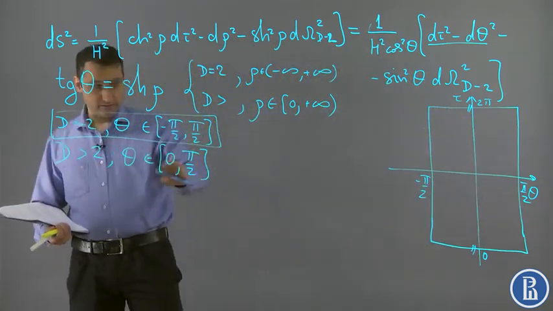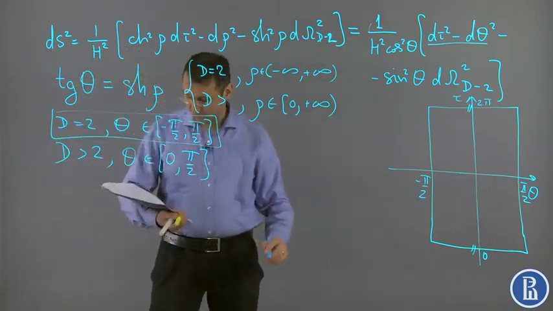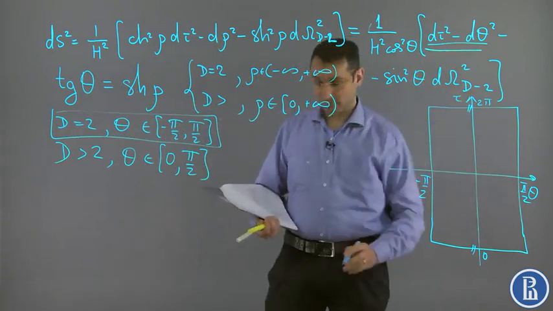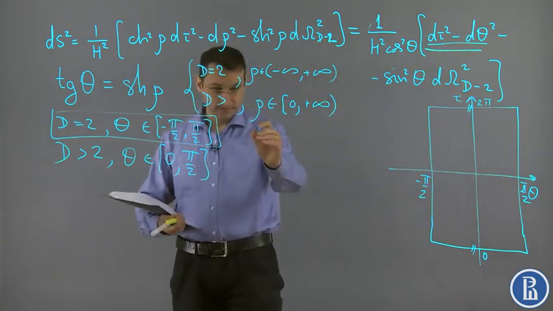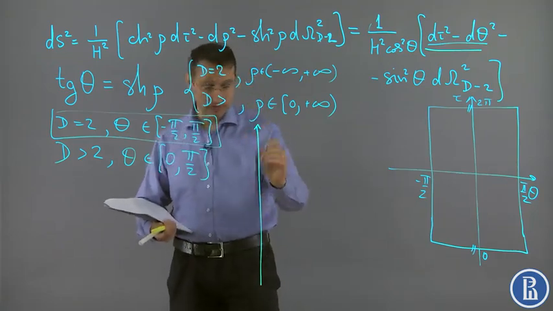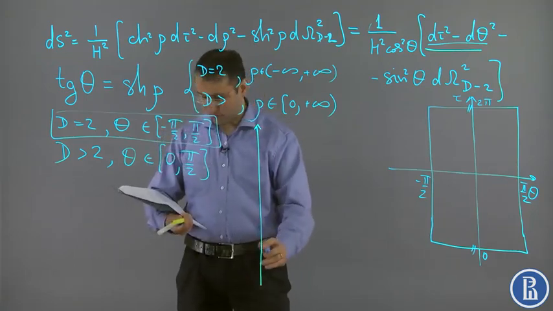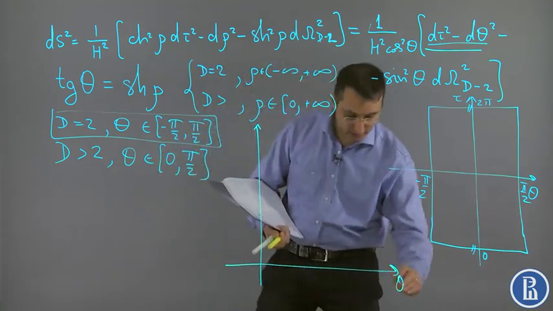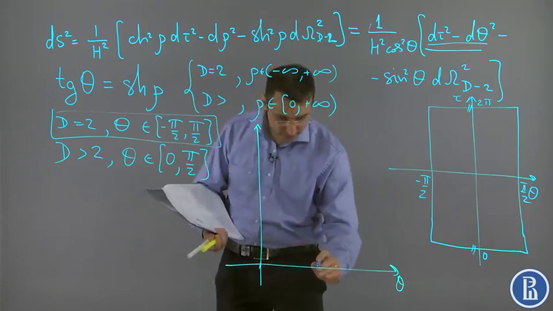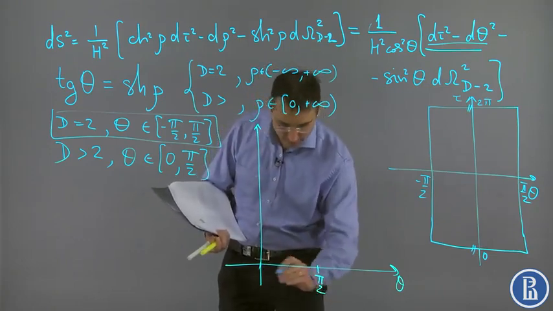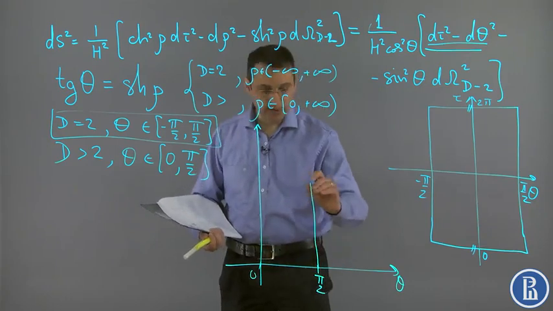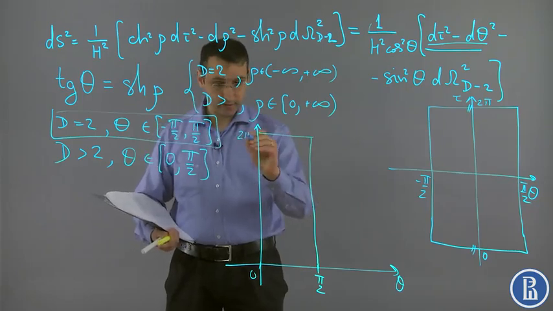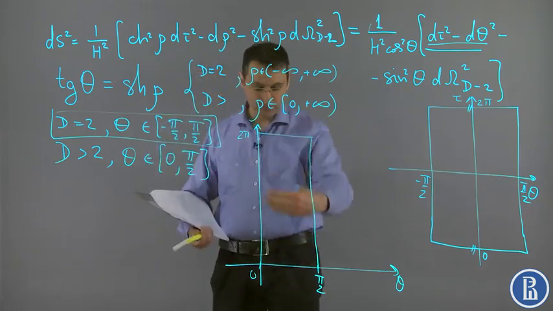For the case of greater than 2 dimensions, we have the following situation. Let me draw it like this. Along theta, we have from 0 to pi over 2, and here we have from 0 to 2 pi. So this is 4 times longer than this.